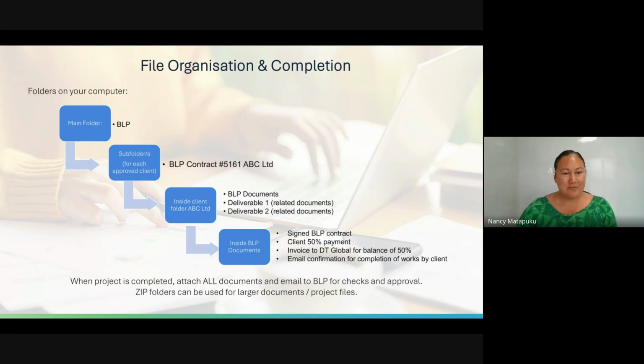So for me personally, I like to keep these deliverables separate, because in the subsidy contract with BLP, when you put the deliverable or the output, you also put the amount that you will be charging, and then the percentage in which you would like it to be subsidized. So similar to the contract, I like to keep my filing methods as per the outputs.